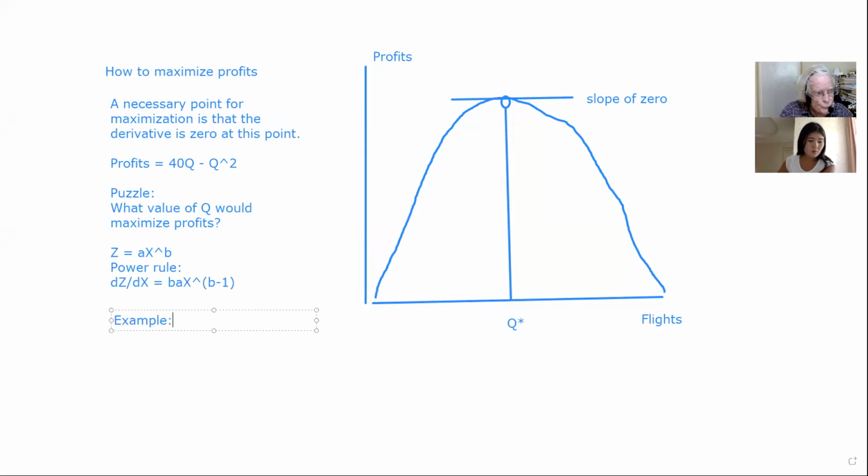So, for example, suppose that g is equal to 2x to the power 3. What is the derivative in this case?